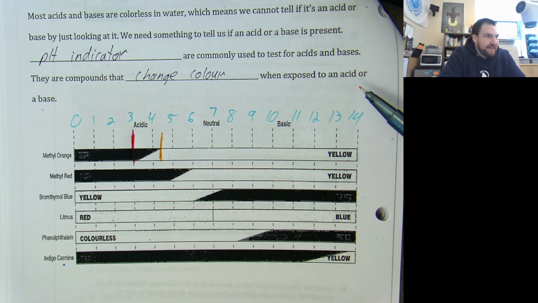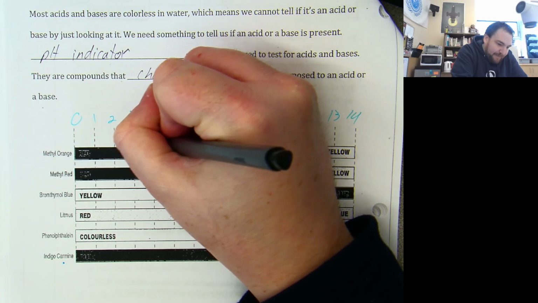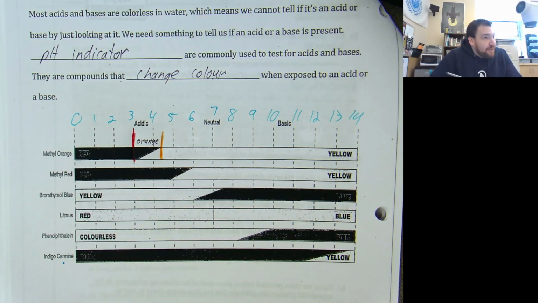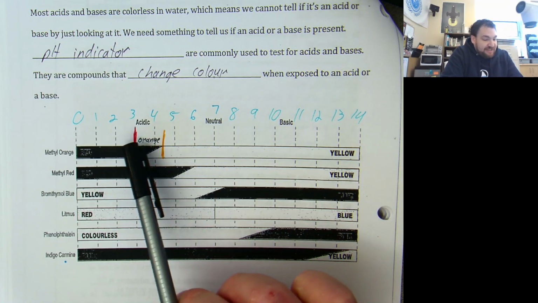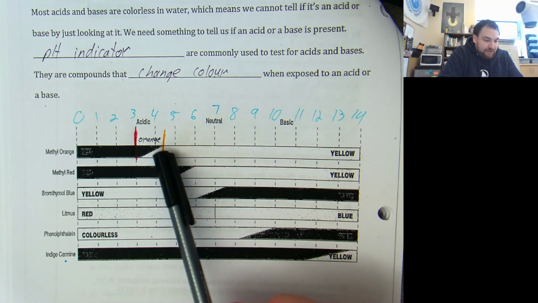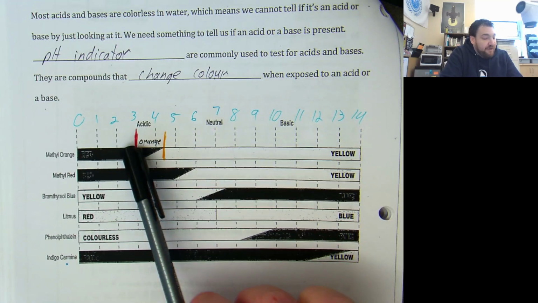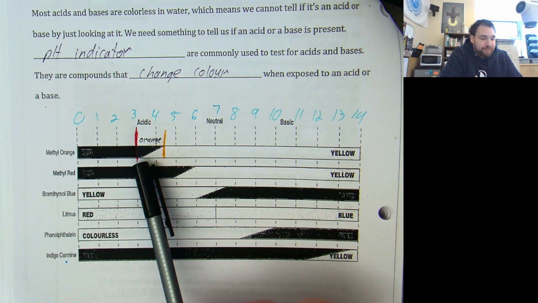It's not brown. Red and yellow make orange. Orange, thank you. So when you add methyl orange to something, it will change color based on the pH. pH less than 3, it'll be red. pH greater than 4.5, it'll be yellow. Between 3 and 4.5, it'll be orange.